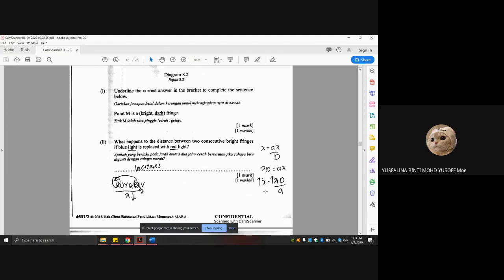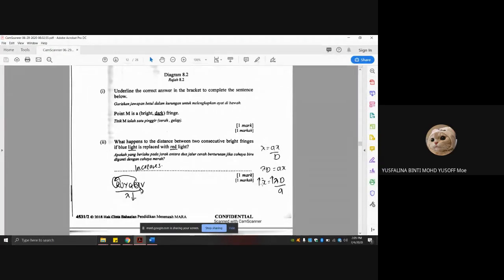So you use the formula for the interference. If there is any calculation for the interference, this is the formula: lambda equals ax over D. You try to arrange it back.